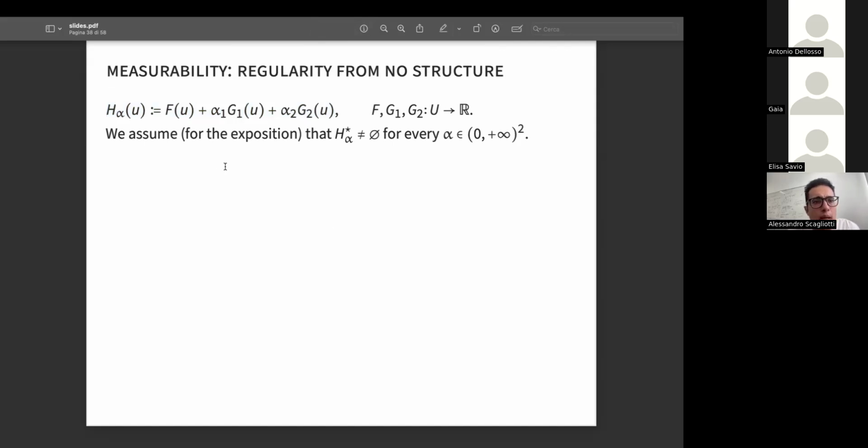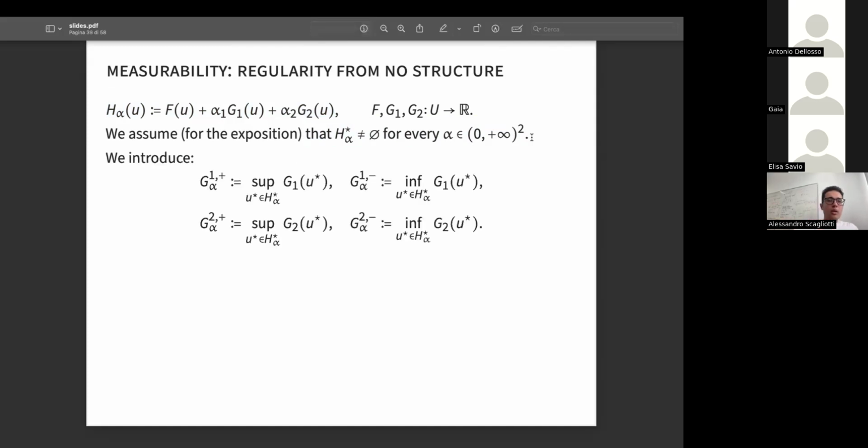And just for simplicity of exposition, let's assume that H alpha admits a minimizer for every value of alpha in 0 plus infinity. It's not really necessary, but let's assume it for simplicity. Okay, so what do we do? We introduce the following functions. We introduce the function G1 plus alpha, that is doing what?